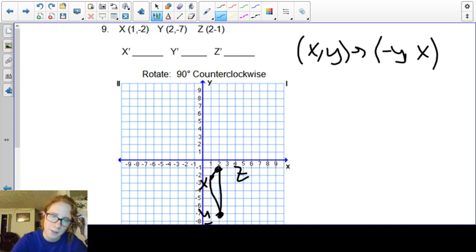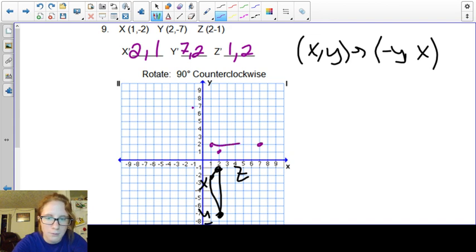Okay, so for my changed points, I'm going to have the opposite y value, so 2, with the same x, which is 1. So 7, 2, and 1, 2. So I have 2, 1, 7, 2, and 1, 2. That's really bad.